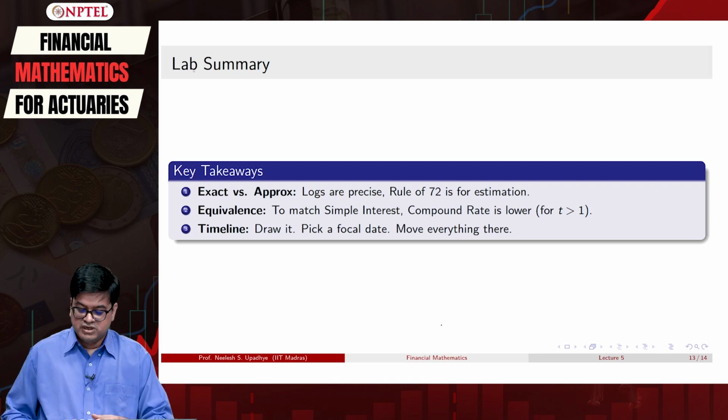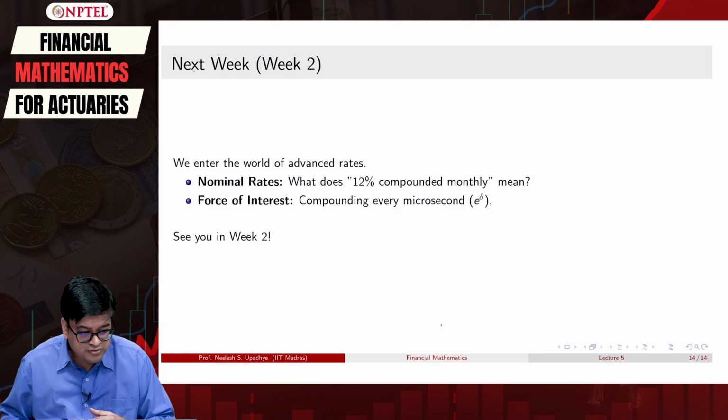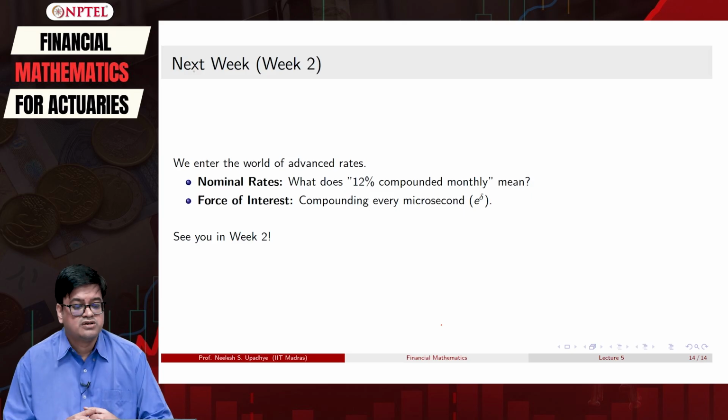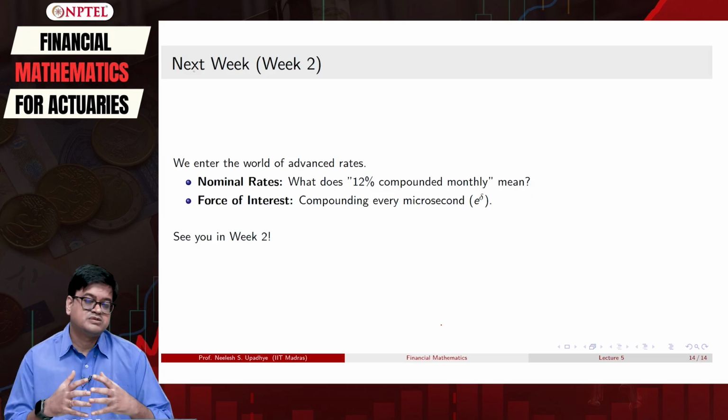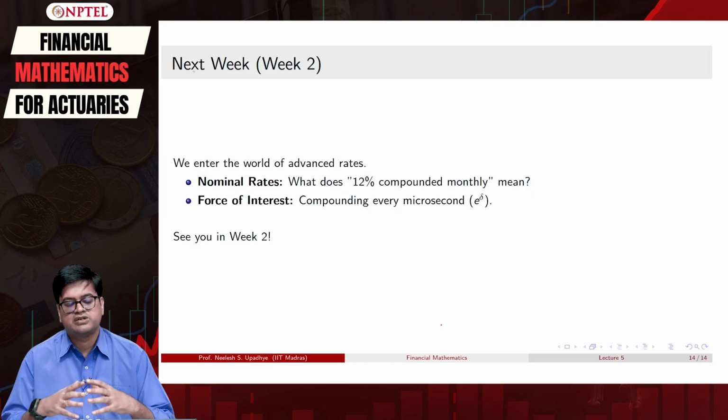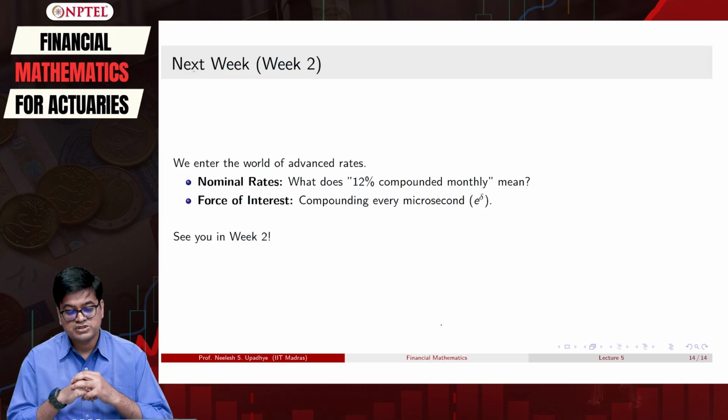That's all. Let's now prepare ourselves by solving the problems in assignment 1. These problems are very simple. You try your hand on them, you try to master these BA II Plus strokes.